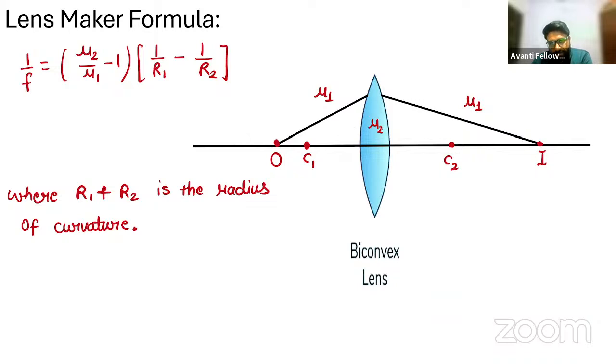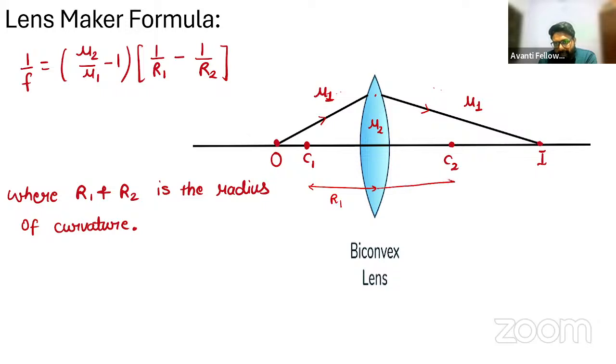Mu2 is the medium of the glass of this lens. Mu1 is the outer medium. Suppose on this side and this side both are the same, we have kept this lens in air, so light is coming from the air, going through a lens of glass and again coming back to the air. In this type of situation, 1 upon f is given by mu2 by mu1 minus 1, 1 upon r1 minus 1 upon r2, where r1 and r2 are the radii of curvature of the two curves.